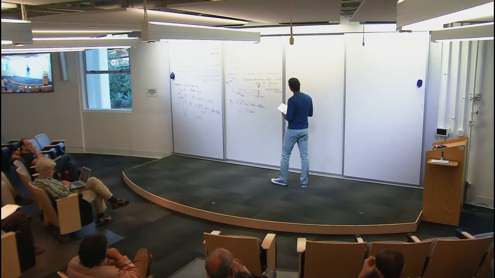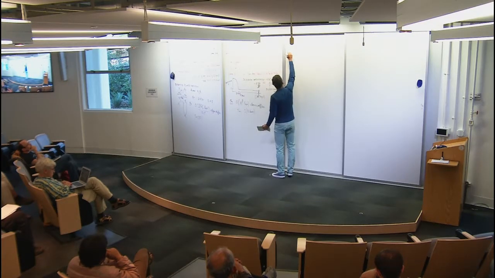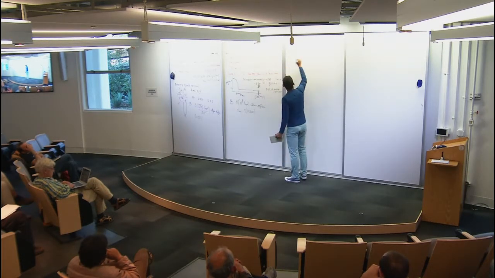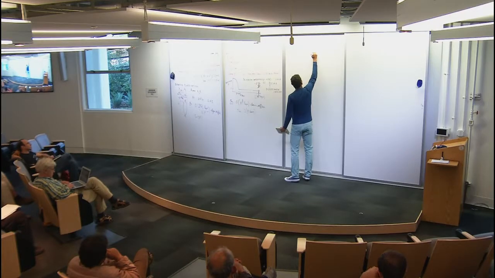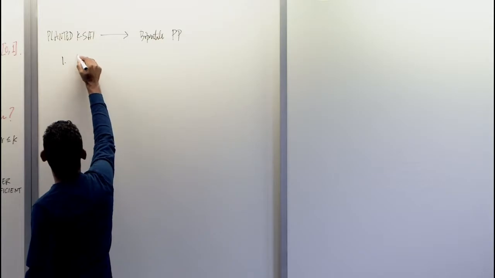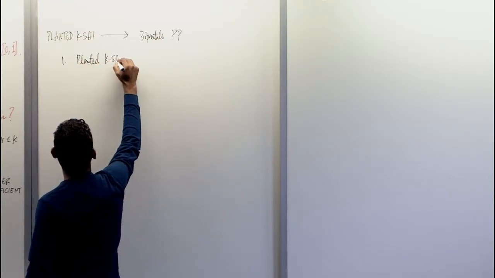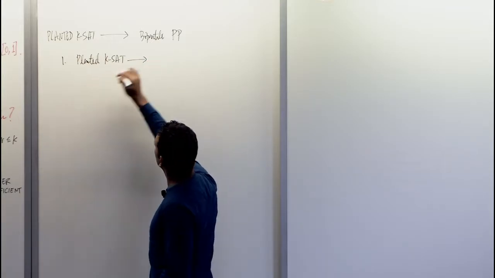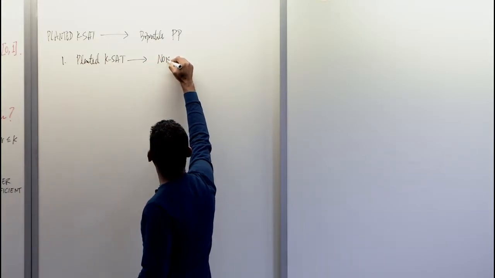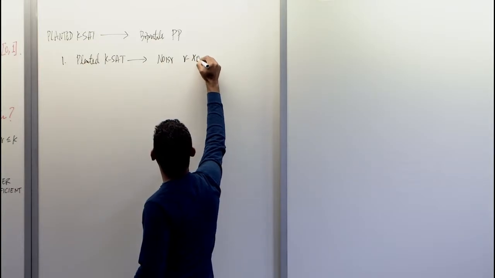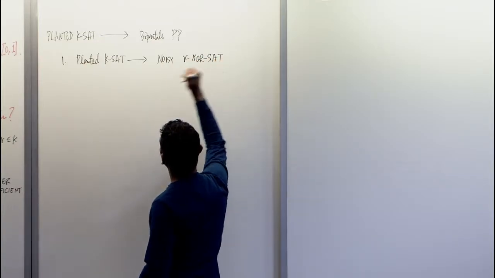Okay, so the reduction from planted K-SAT to this bipartite planted partition has two steps. The first step is to reduce planted K-SAT to a particular distribution, which is noisy R XOR SAT, where R will be the parameter of whatever distribution we have here.